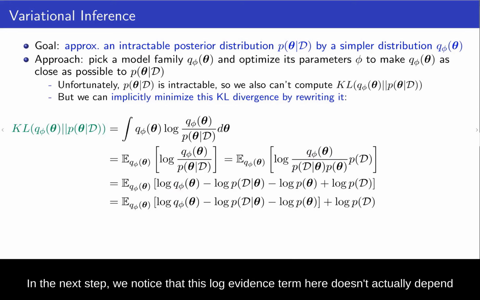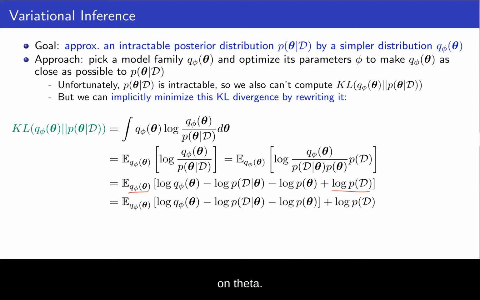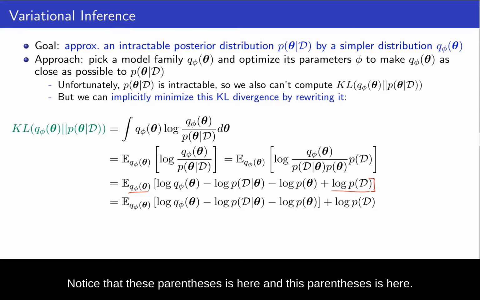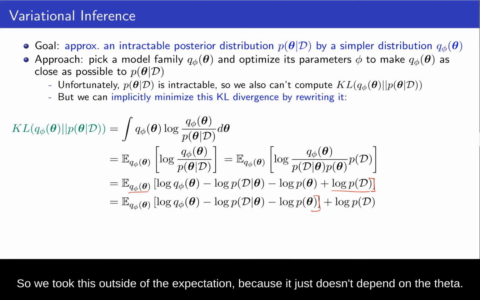In the next step, we notice that this log evidence term doesn't actually depend on theta. So we can take it outside of this expectation. Notice that this parenthesis is here and this parenthesis is here. So we took this outside of the expectation because it just doesn't depend on the theta.